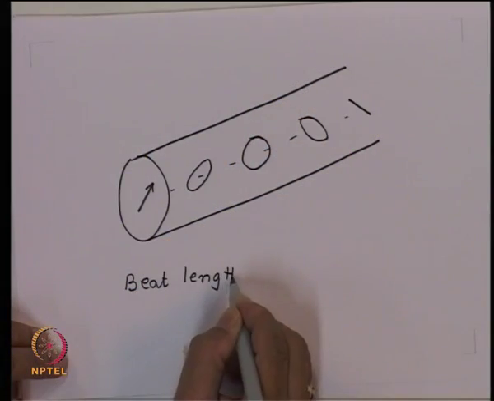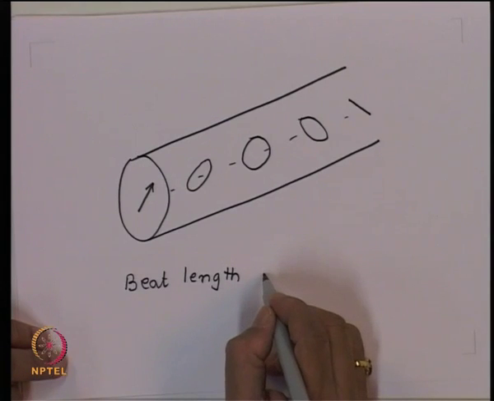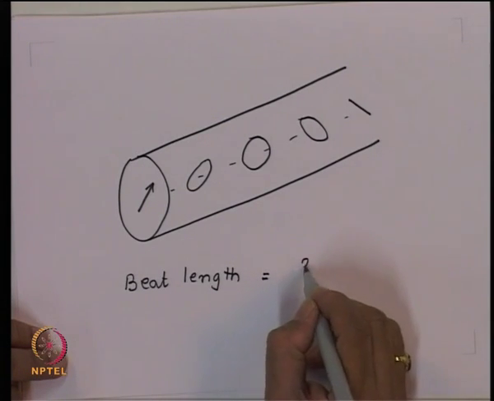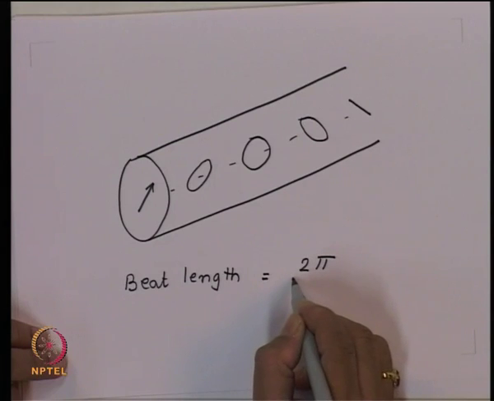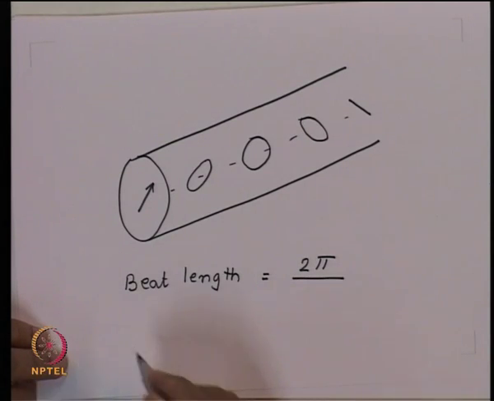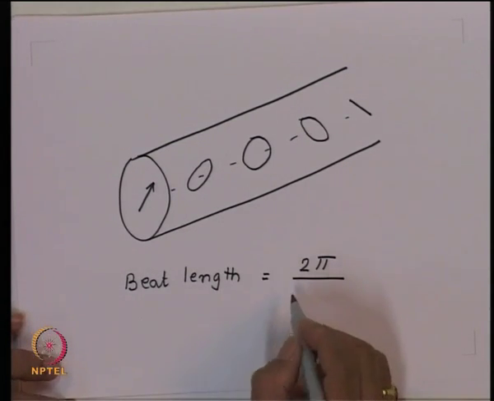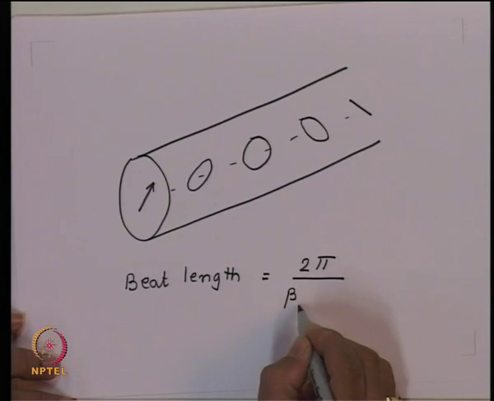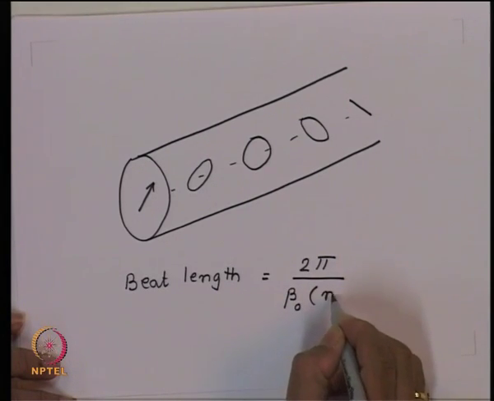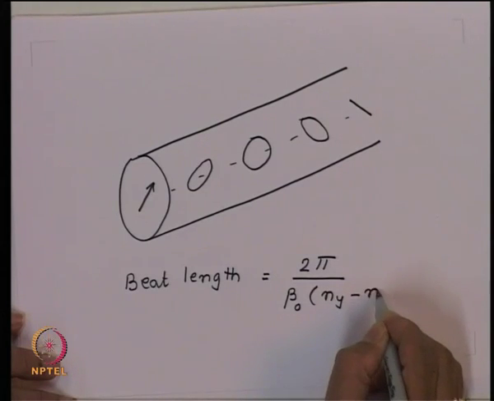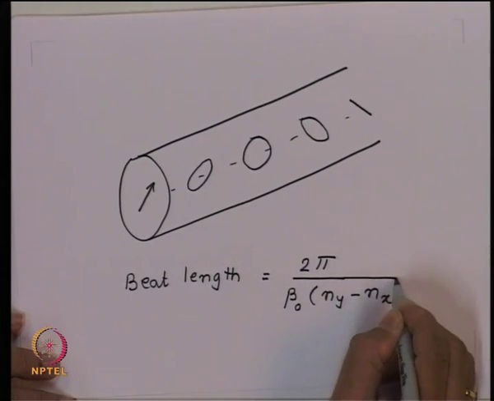So, we can define what is called the beat length. That is equal to 2 pi divided by the difference in the phase constants, which is nothing but beta naught into Ny minus Nx.